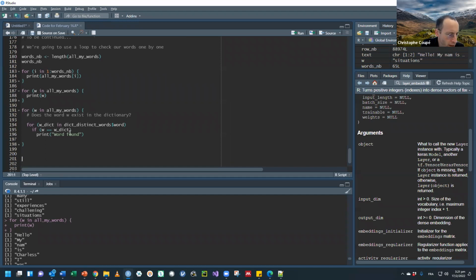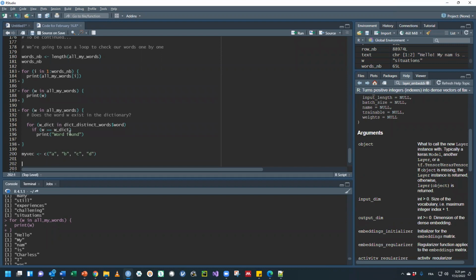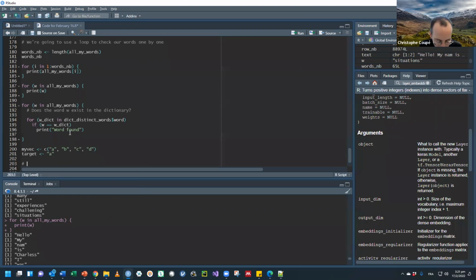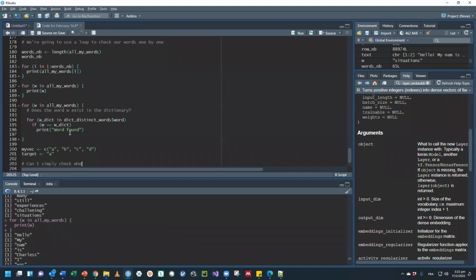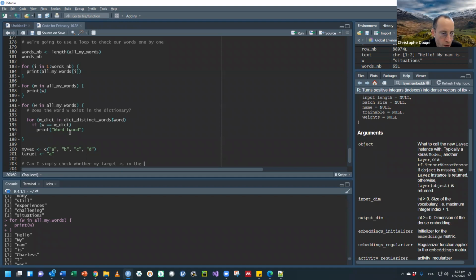What would be very nice is that, let's say we have a vector with simple things like A, B, C, D, and I have a target, and let's call my target A. And we can ask ourselves the question, can I simply check whether my target is in the vector?